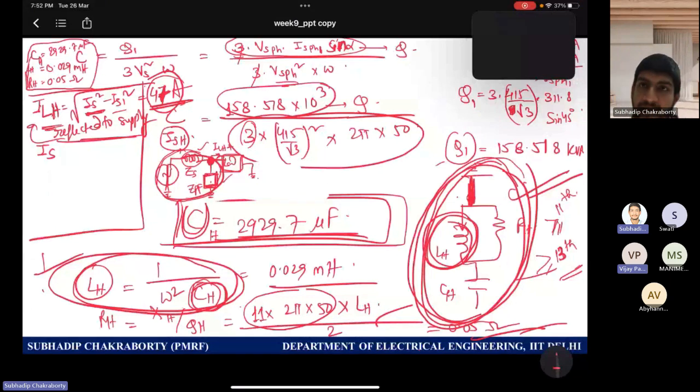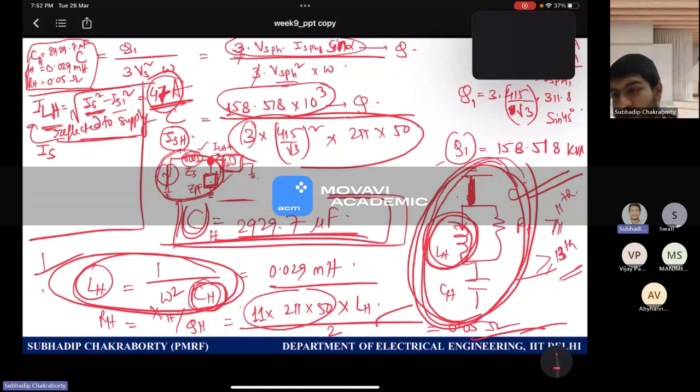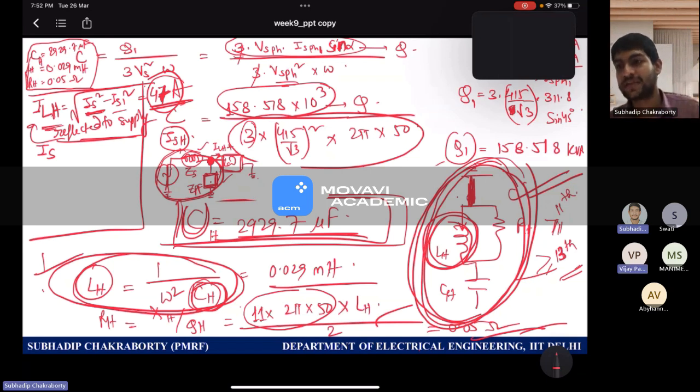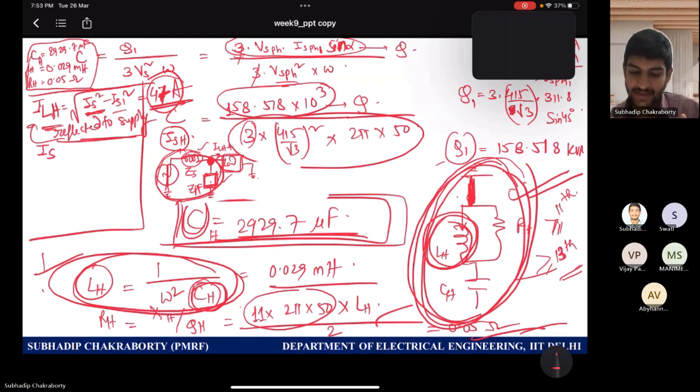So what I was telling, load harmonics reflected to the supply side: you want IS net RMS minus IS fundamental RMS, which is actually the load harmonics reflected to the supply side, total RMS minus fundamental RMS. Just think like that. But I want how that harmonics is splitting among my filter and the supply side, because the filter will absorb some portion of that harmonic current. So this harmonic current ILH, can you see? Just let me know.